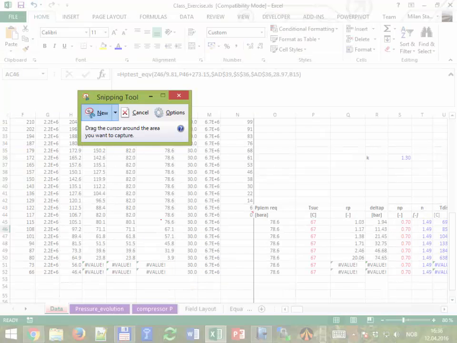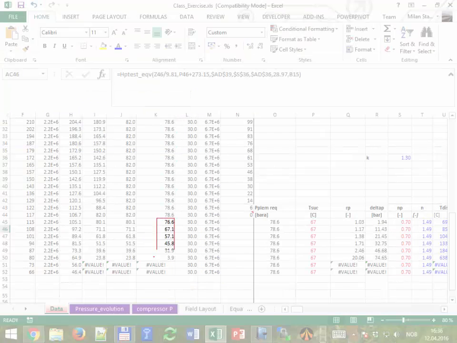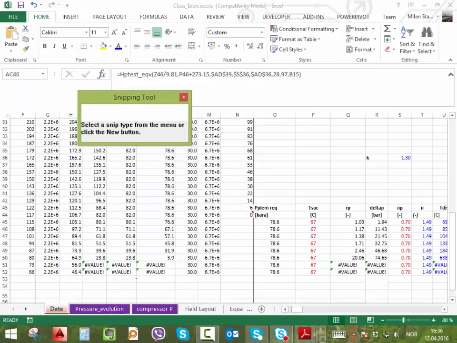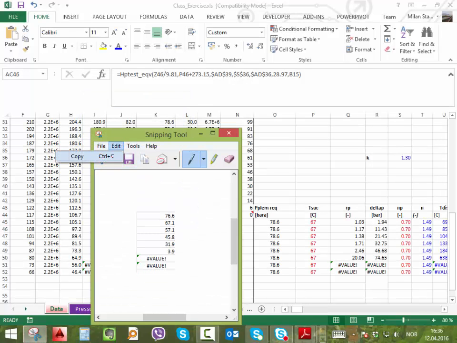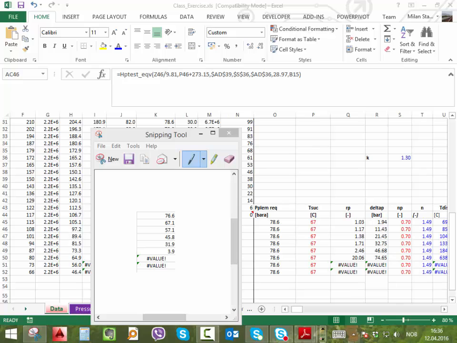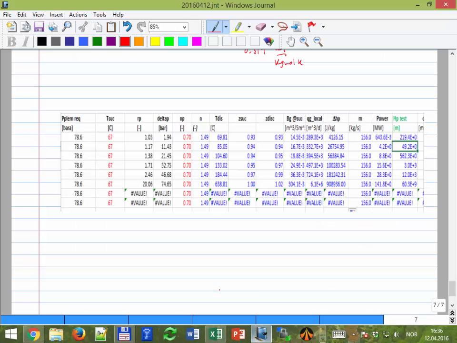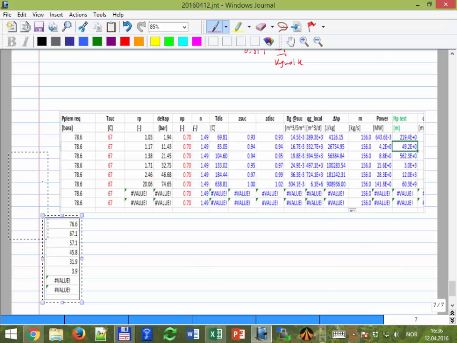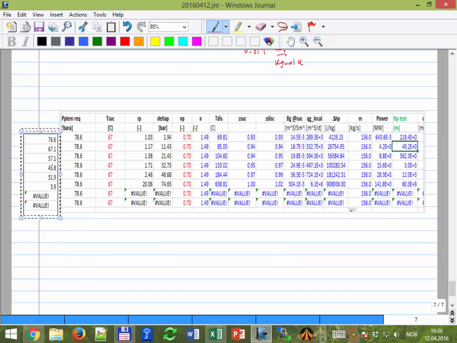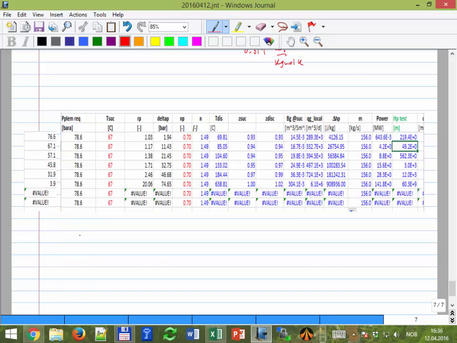Suction pressure, it's this one. And do we need something else? Not for now, I think. Okay, so let's look where we have problems.